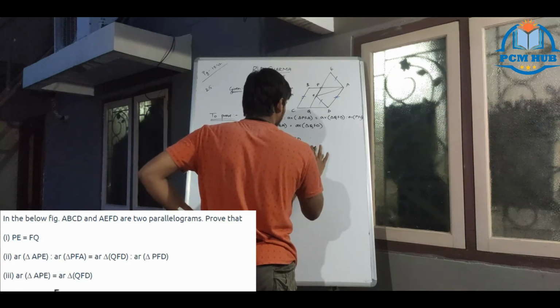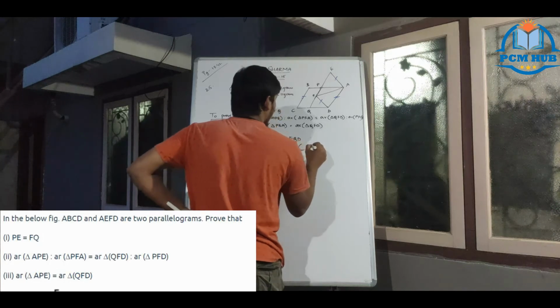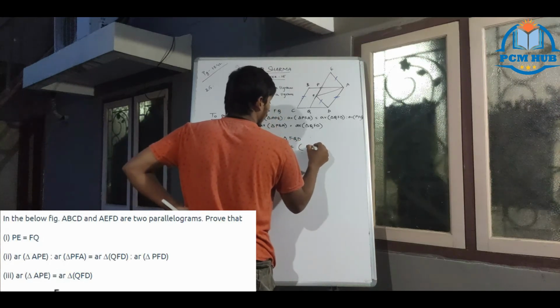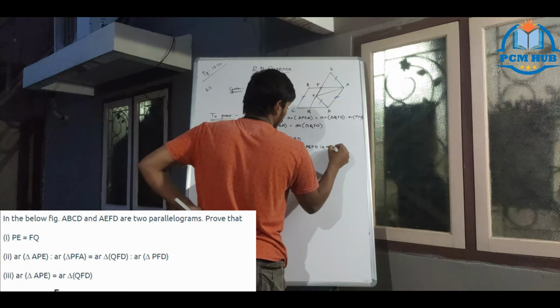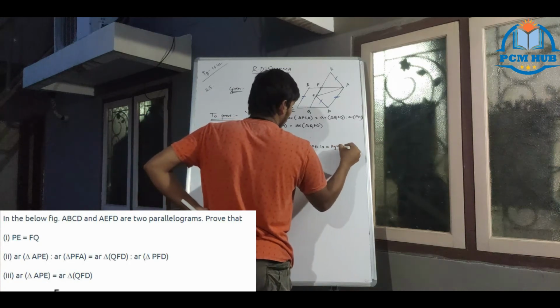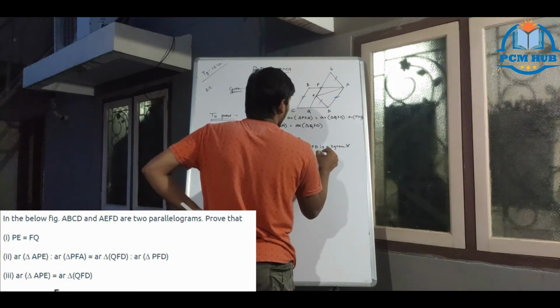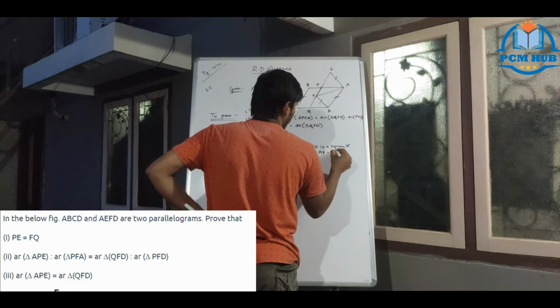AB, AE, FD is a parallelogram where AE equal to FD.